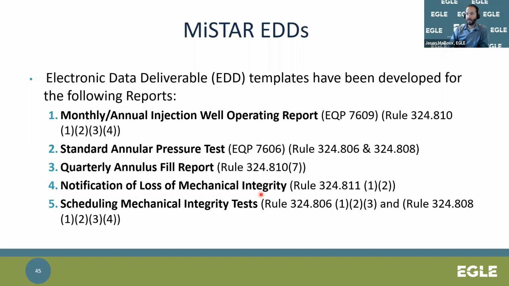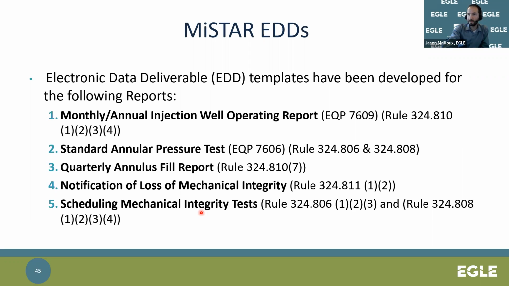And we'll have your notifications, for loss of mechanical integrity and scheduling a mechanical integrity test. These twin together. There's a notifications EDD with basically two choices: loss of mechanical integrity or scheduling a mechanical integrity test. Fill it out in spreadsheet format and submit it through the system.